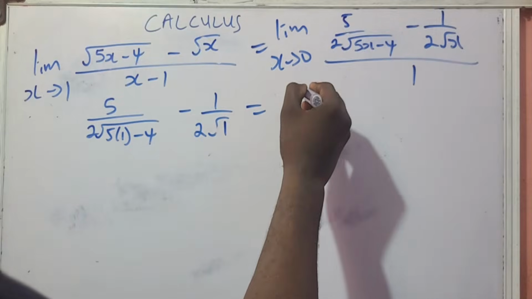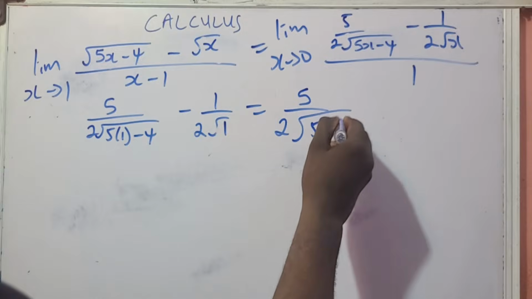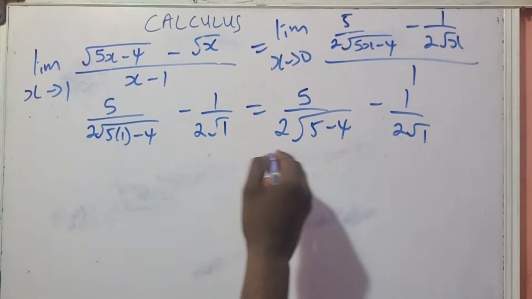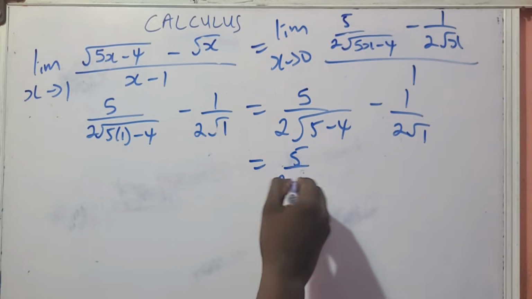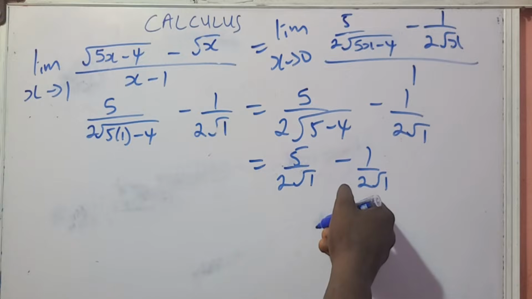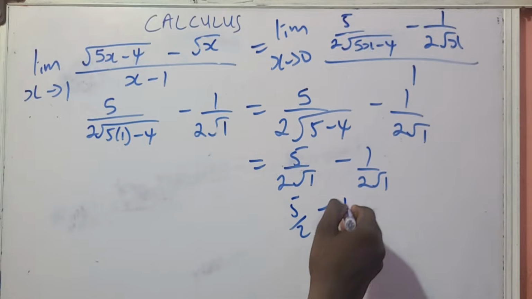We have 5 over 2 square root of 1 minus 1 over 2 square root of 1. Square root of 1 is 1, square root of 1 is 1. This will be 5 over 2 minus 1 over 2.